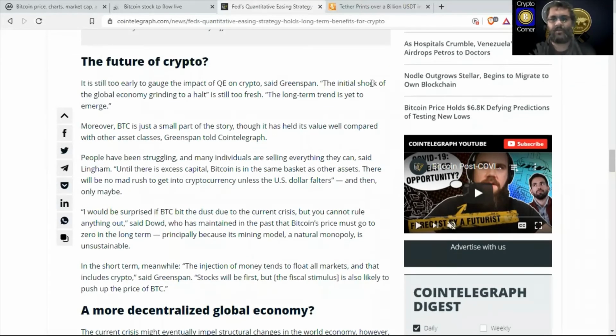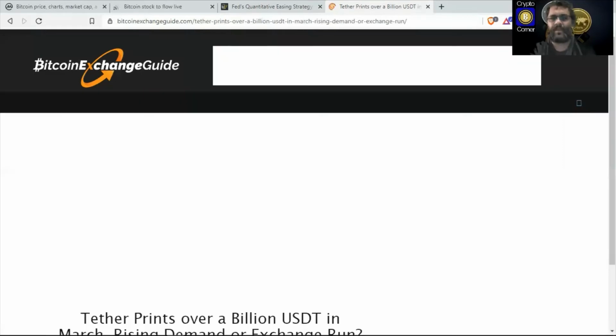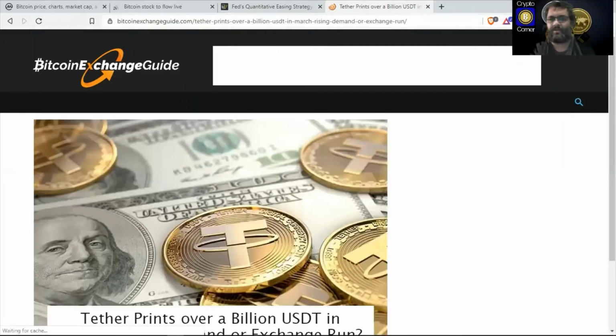So another reason, besides the Fed printing money ad nauseam, that we might think is responsible for what's happening now in Bitcoin, which is that we're seeing a bit of a bull run, is there may be a bit of printing going on in the crypto side.